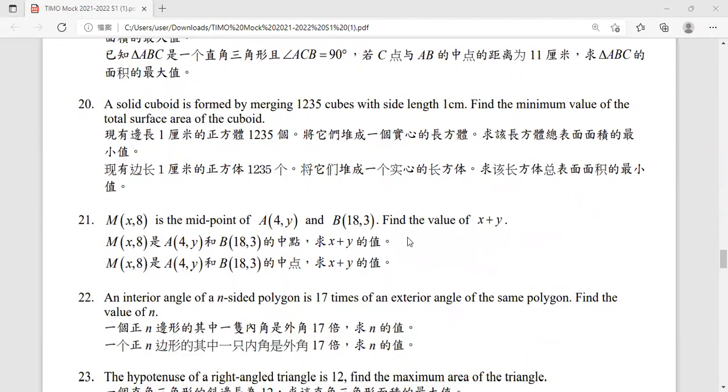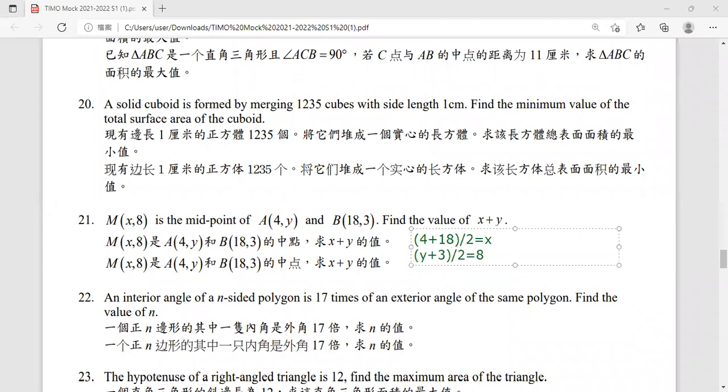Okay, next question. This one is by definition very simple. So I just call the answer. 4 plus 18 over 2 is 6, and y plus 3 over 2 is 8.